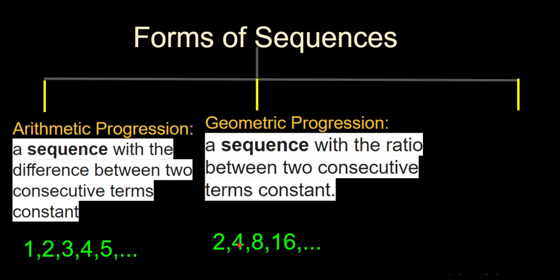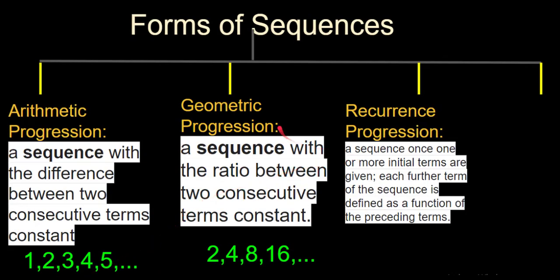It is just increasing by a multiple of 2. 2 times 2 is 4, 4 times 2 is 8, 8 times 2 is 16. It's a multiple of a constant, 2. This is just a single example. The sequence could also be decreasing. The same is true here.